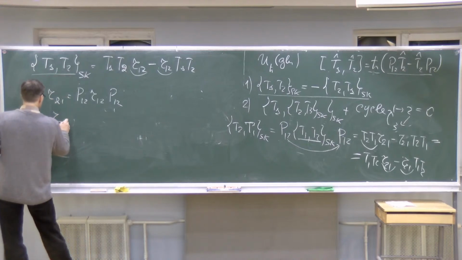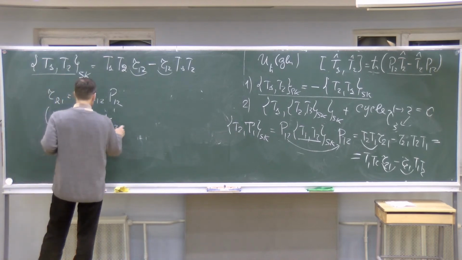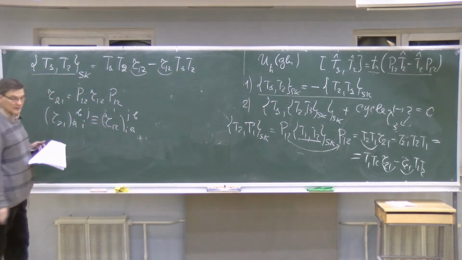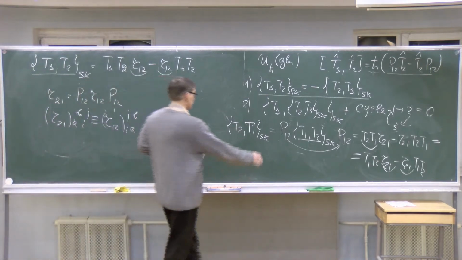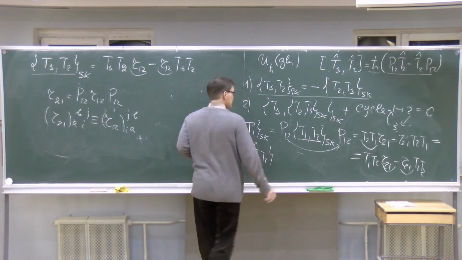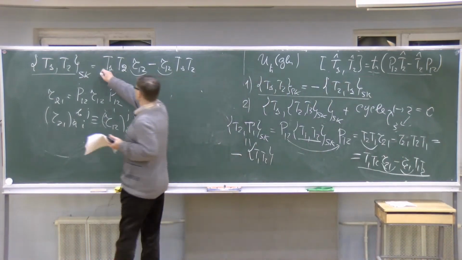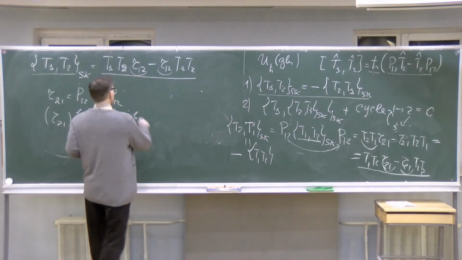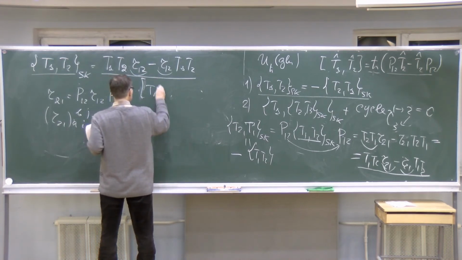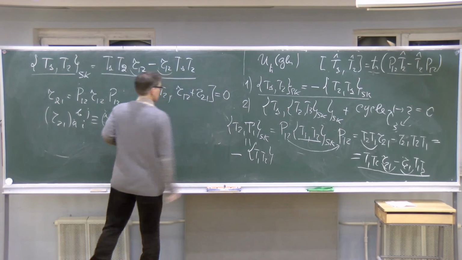So, for example, R T1 A B A J is just R12 A J A B. So, if I require that this expression is equal to minus T1 T2 and compare this part and this part, I'll get the following condition: the commutator of T1 T2 with the sum should be equal to 0.